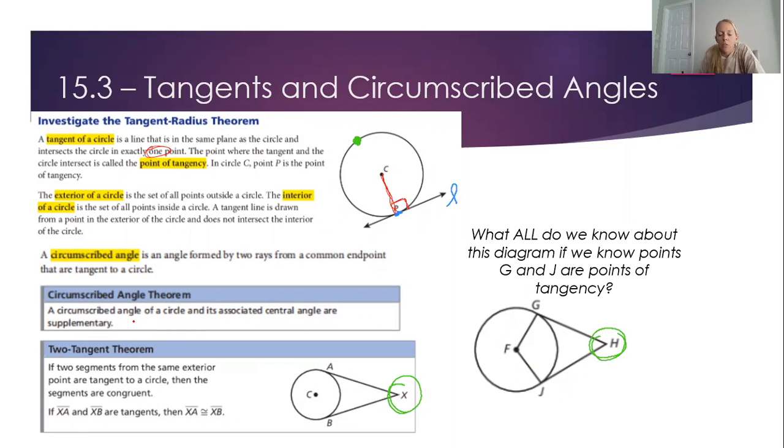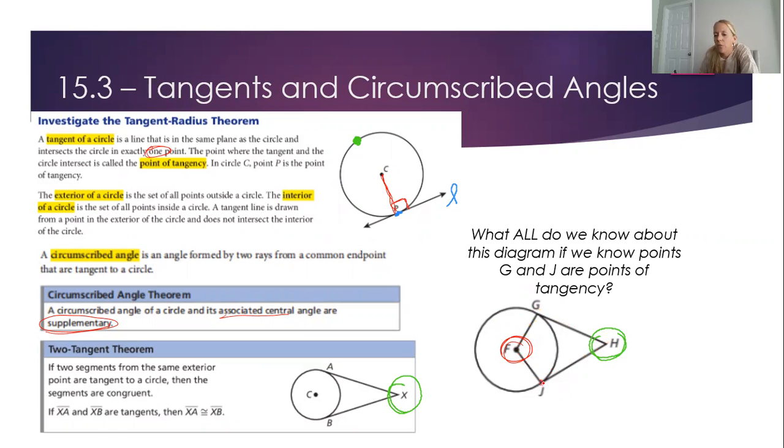So if you look here, a circumscribed angle of a circle and its associated central angle are supplementary. Okay, so we remember supplementary equals 180 degrees. And so that means angle H and angle F are supplements of one another. Now, what does it mean, associated central angle? Look at this diagram here to the right. Do you see that angle GFJ and this angle GHJ?